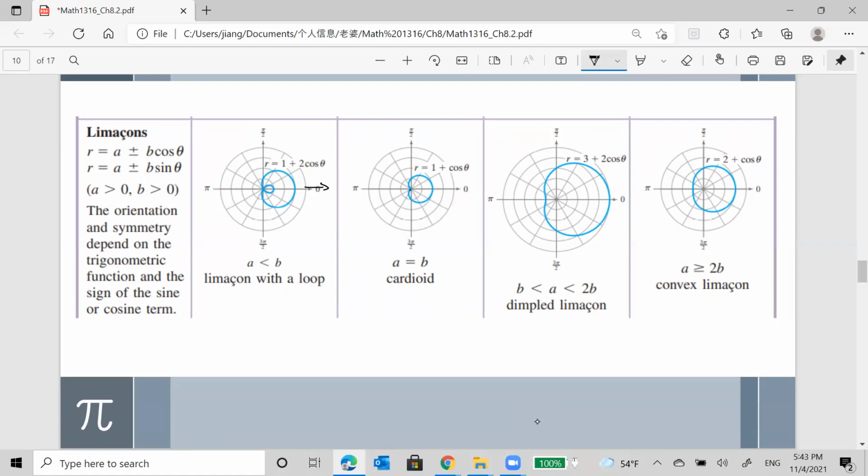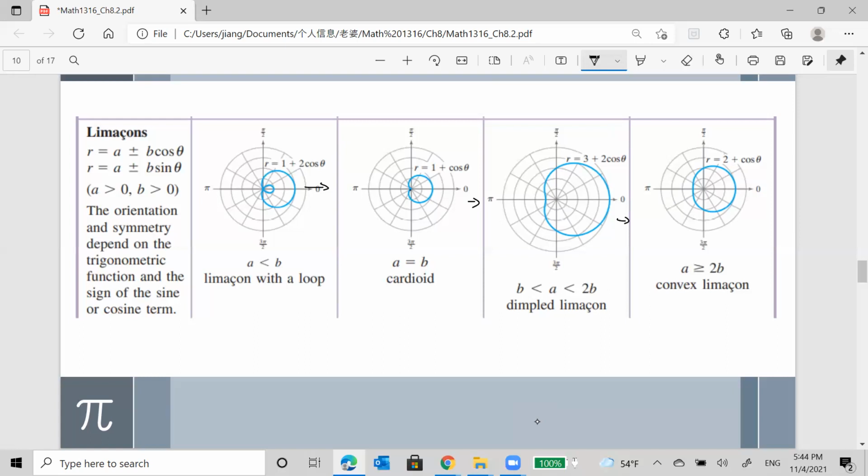So you see this heart shape, this point is going to here because I didn't give enough power to suck it, so it comes to here. That means a is between b and 2b. So now a is much more than b. That means a is greater than or equal to 2b.